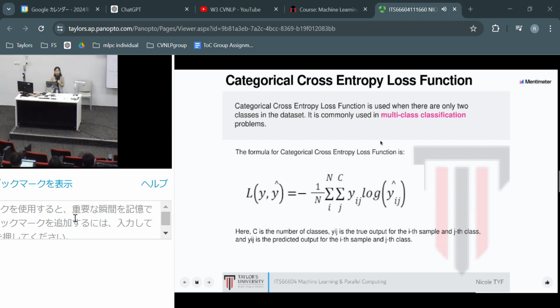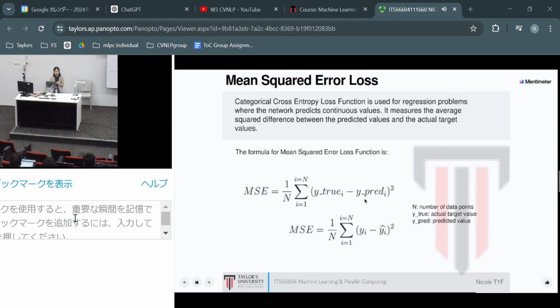And if we were to use our neural network for a regression task, then the loss function which we will be using to quantify the loss in the training process will be exactly the same as the loss function we use to train multiple linear regression. That is mean squared error loss. Okay? So the point here is that the loss function is a way for us to quantify the error. And this error should guide our learning process towards minimizing the error or the loss.